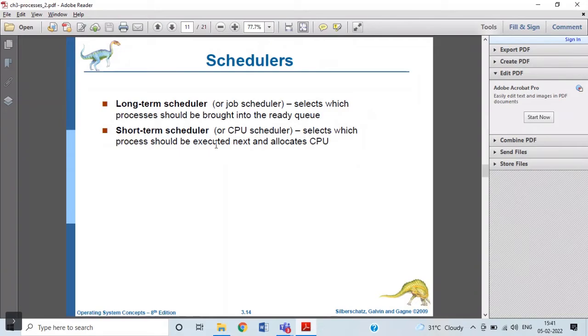Students, I hope you understand the difference between the short-term scheduler and the long-term scheduler. The short-term scheduler allocates the CPU and selects which process is to be executed next, while the long-term scheduler makes the processes stand in a queue.